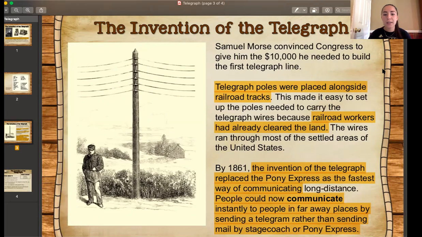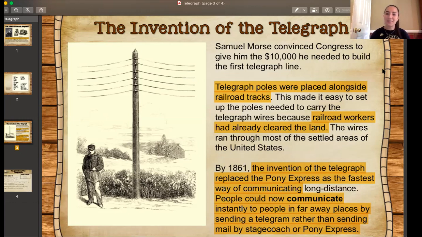The wires ran through most of the settled areas of the United States. By 1861, the invention of the telegraph replaced the Pony Express as the fastest way of communicating long distance. People could now communicate instantly to people in faraway places by sending a telegram rather than sending mail by stagecoach or Pony Express.